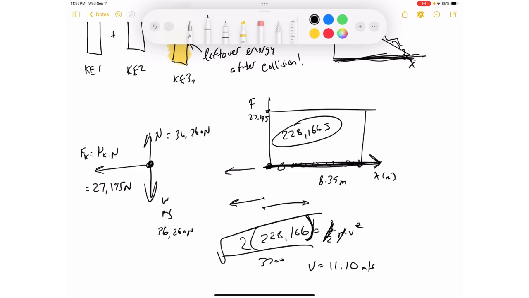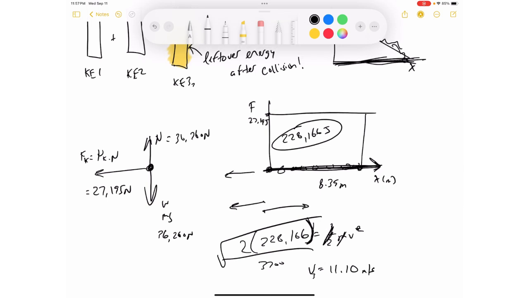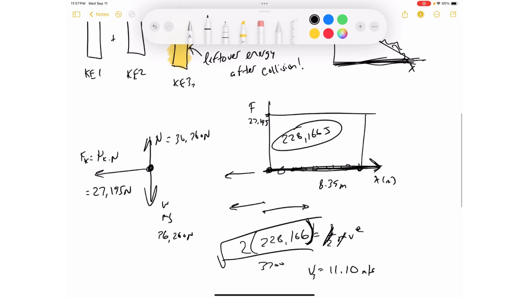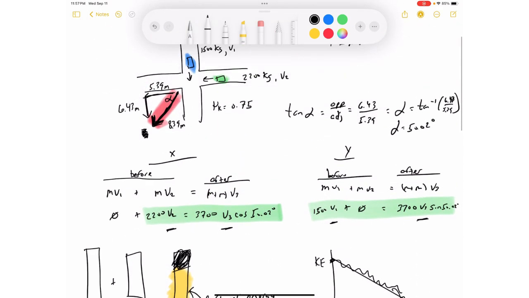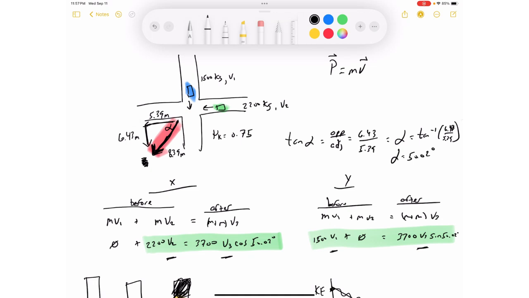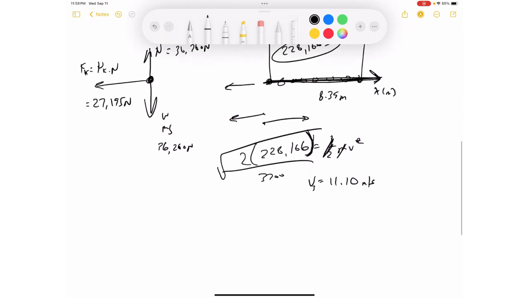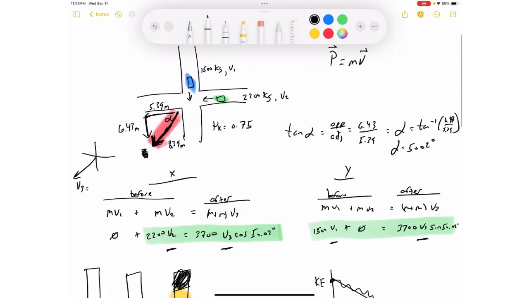Now, you might be thinking, well, this is actually v3. Remember that this is the velocity of the combined cars after the collision. So this v3 is actually this vector here. If this is my coordinate system, this here is v3, which is 11.10 meters per second, right?